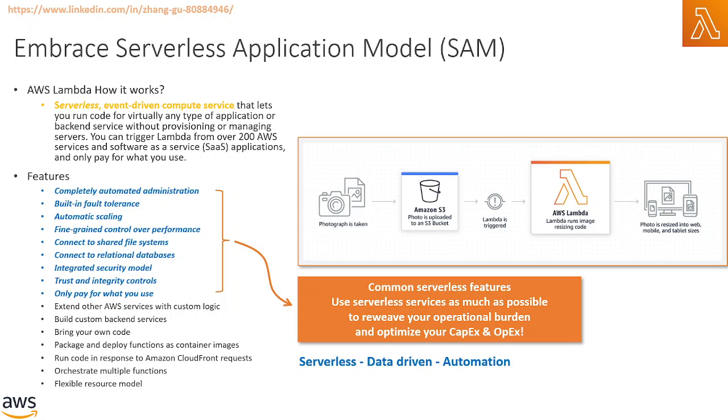Serverless applications on the AWS platform start with AWS Lambda, an event-driven compute service natively integrated with over 200 AWS services and SaaS applications. You may always consider using AWS Lambda when you are building your data process logic on the AWS cloud. The main features of AWS Lambda are listed here. The highlighted parts are common features for most of the AWS serverless cloud services.